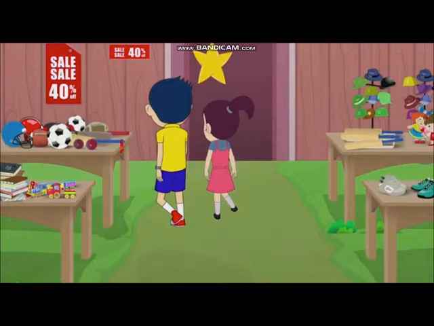Sometimes if we go shopping, we see this type of posters on the shops which say sale 40% off or 50% off and so on.